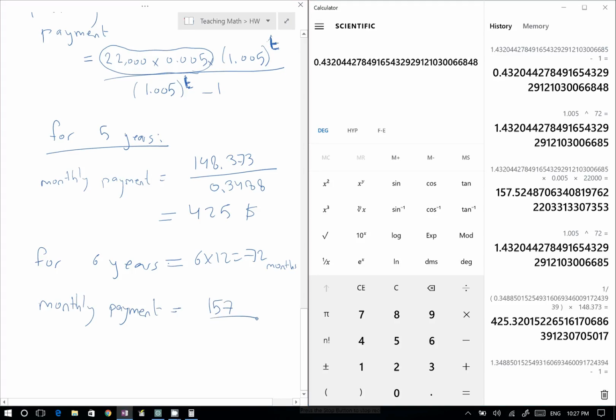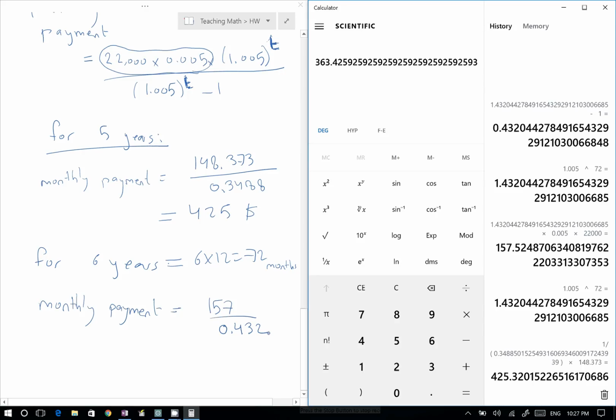That's 0.432. 157 divided by 0.432. That's $363.426.